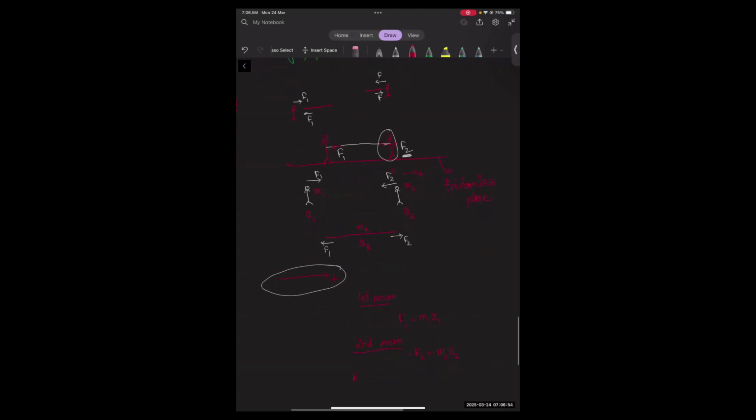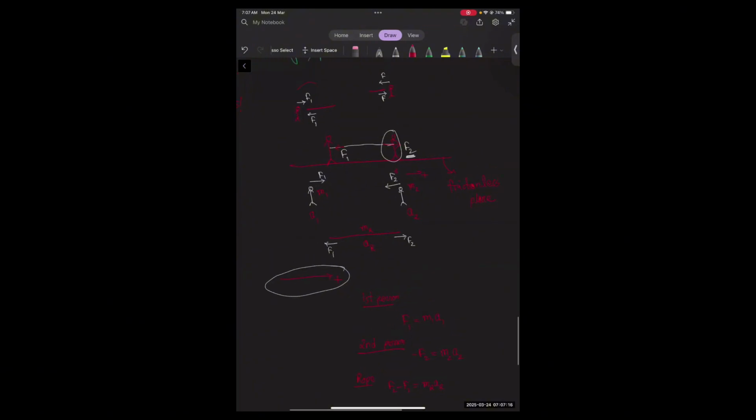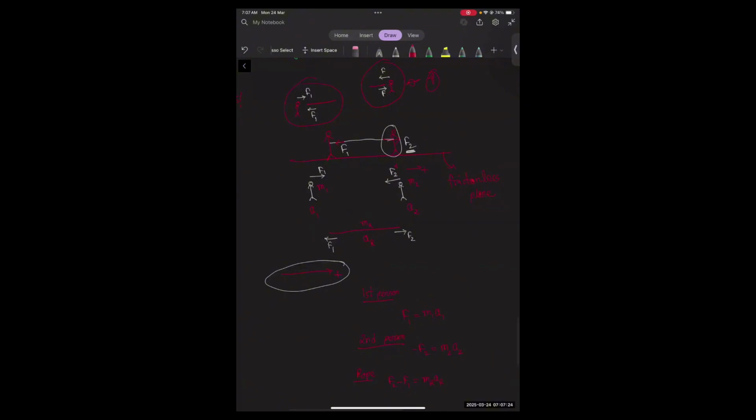As for the rope, you get F2 minus F1 is equal to MR AR. Okay, so this is system by system, but that is not where the confusion comes in. Why did I show this? Just to help you visualize this reaction force. This will be important in section 4 where we will apply Newton's law to different problems.